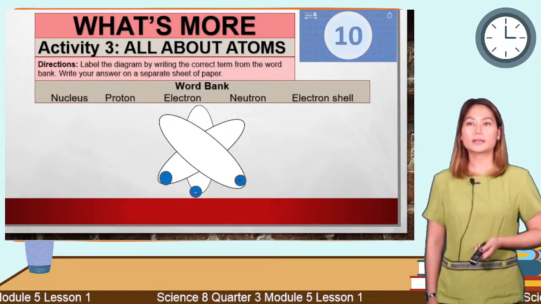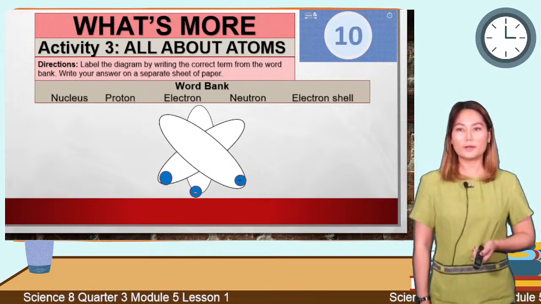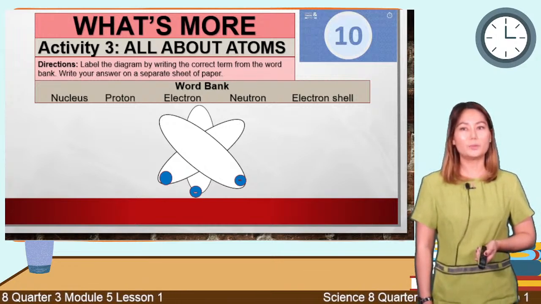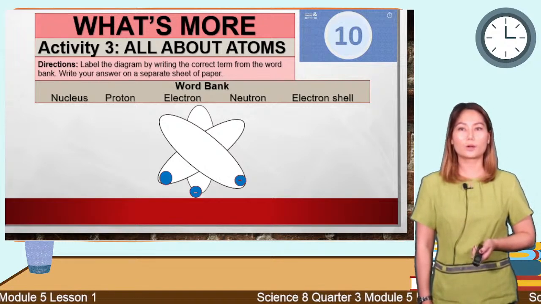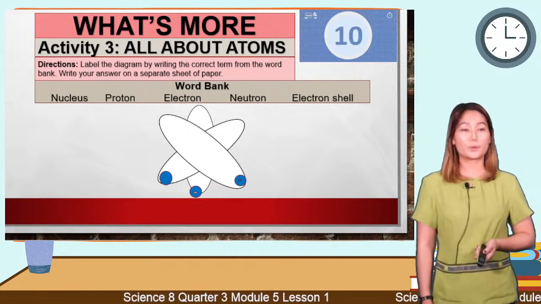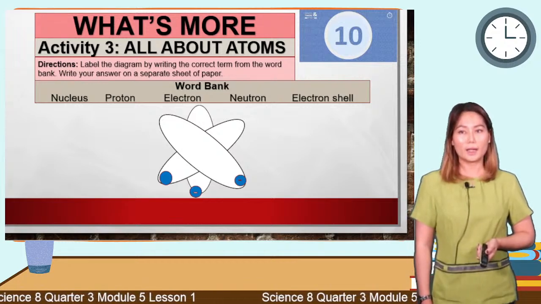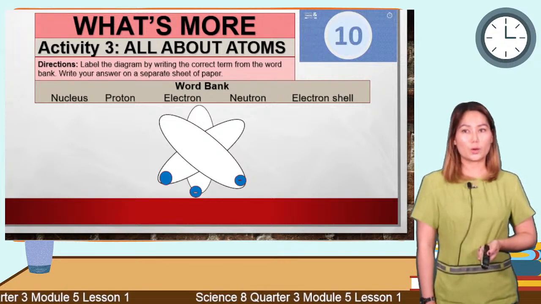Alright, activity number 3 is all about atoms. And all you have to do, learners, is just label the diagram by writing the correct term from the word bank. Write your answer on a separate sheet of paper. Okay, so inside your word bank, these are your choices.